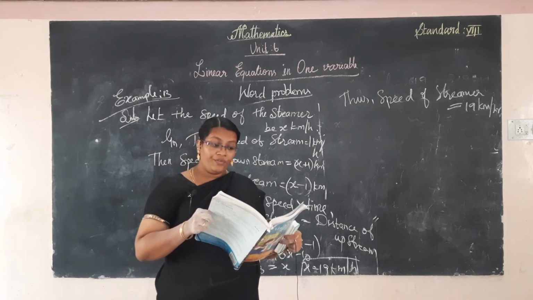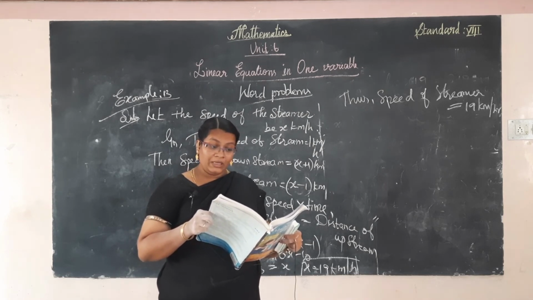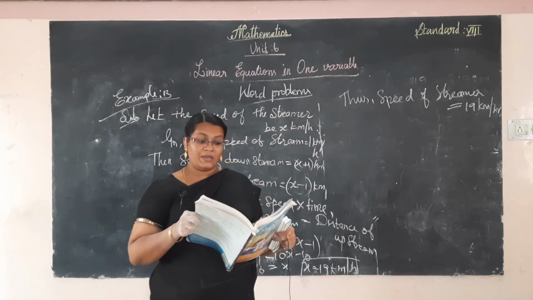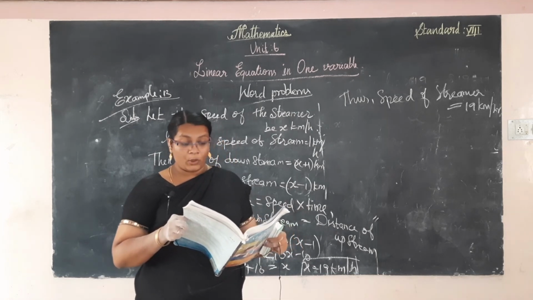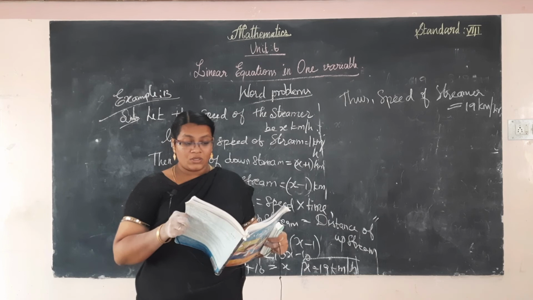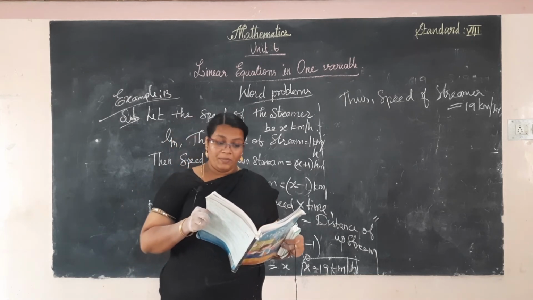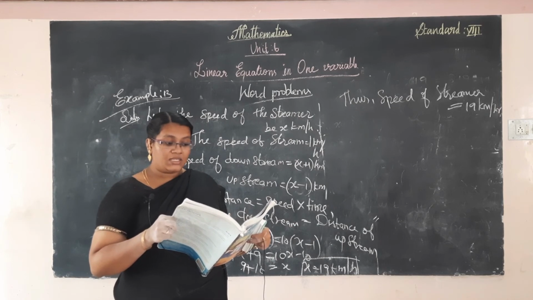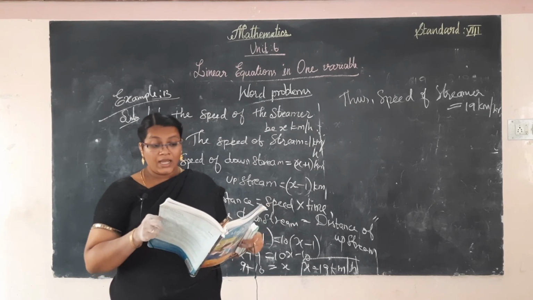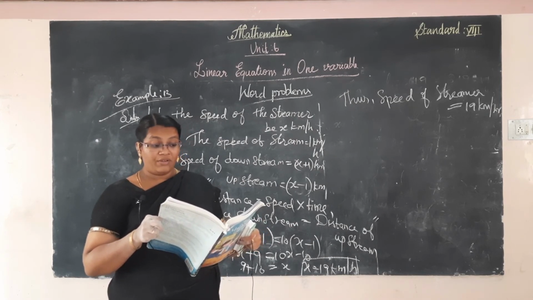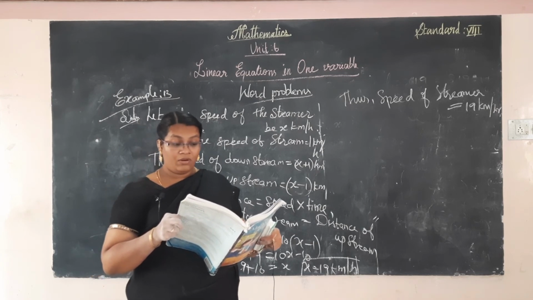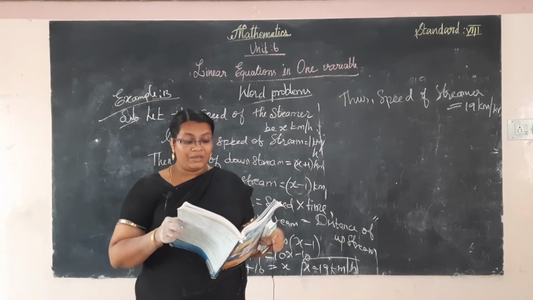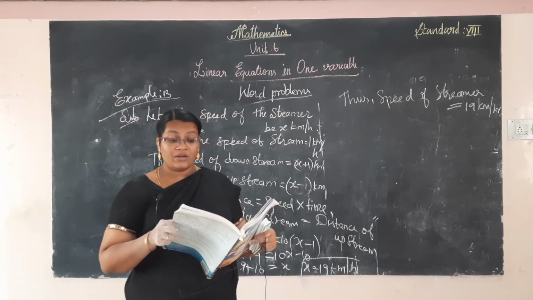Again, the speed of Rajiv is 10 km per hour more than the speed of Suzail. After 3 hours, they are 40 kilometer away from each other. Find the speed of Raju and Suzail.